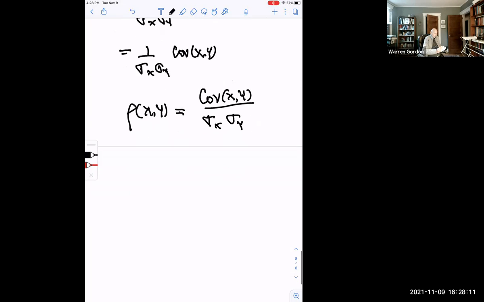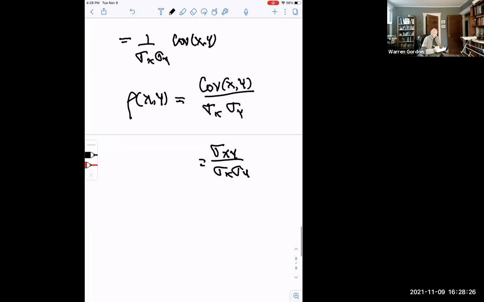So this is written a number of different ways, as I've just written it, or if you want, I can write it as sigma sub xy over sigma sub x, sigma sub y. Or if you like, the covariance of xy divided by the square root of the variance of x times the variance of y. They're all the same.